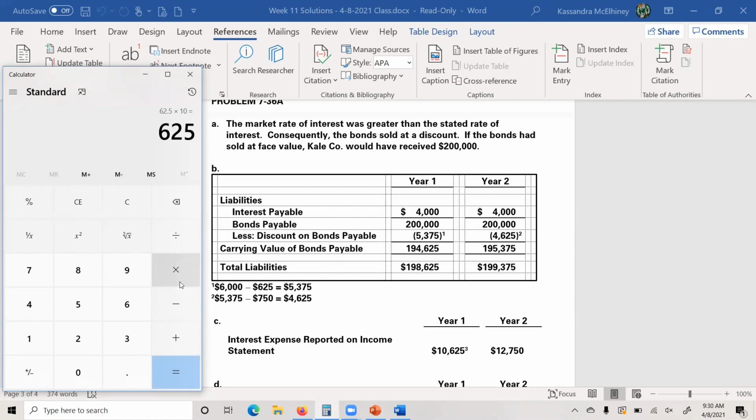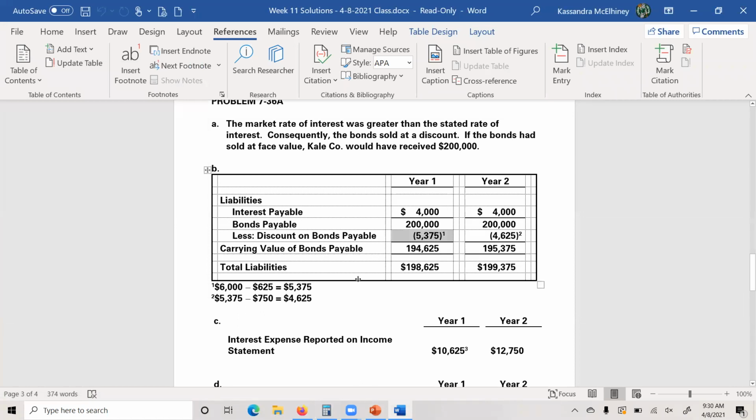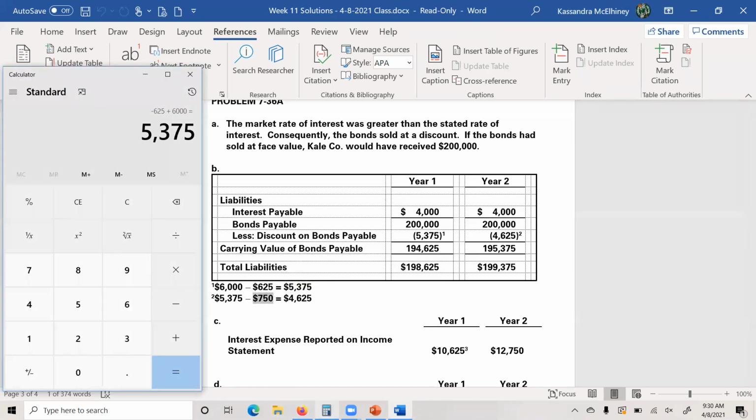So at the end of 12/31 of year one, our $6,000 of bond discount has been amortized down to $5,375. So $625, the subtraction figure here, is how much bond discount was amortized during the year.